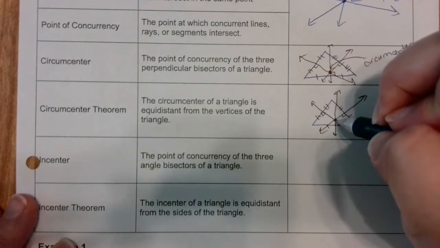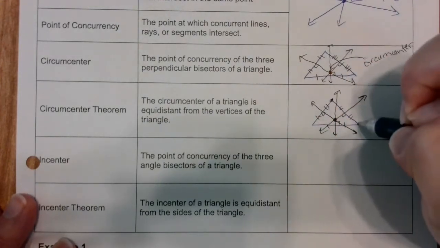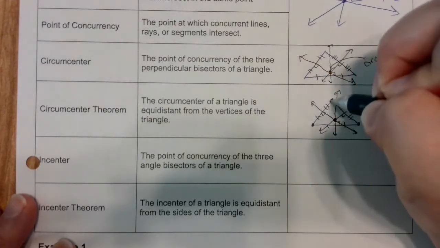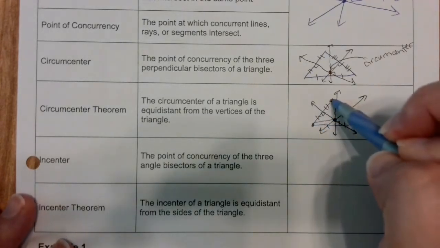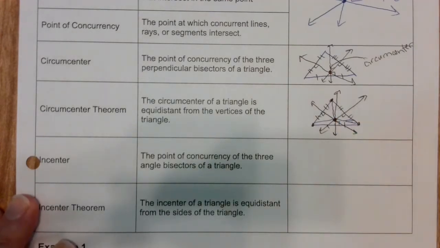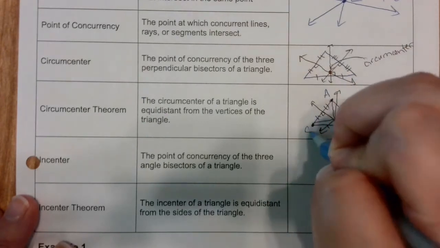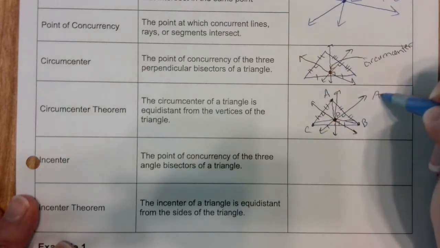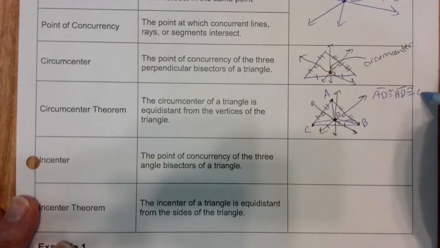So this point right here is the same distance from all 3 corners of that triangle. This distance, and this distance will be the same. Let's give some letters here. A, B, C, D. AD will be congruent to BD, which is congruent to CD.